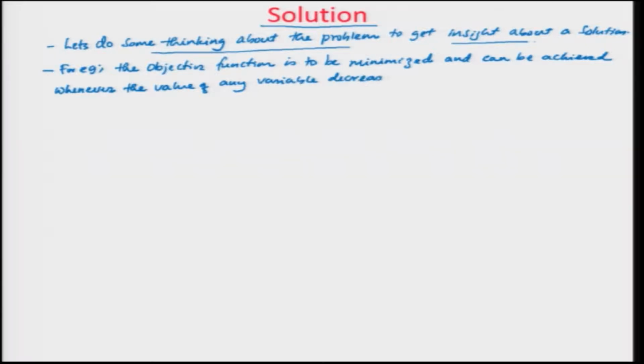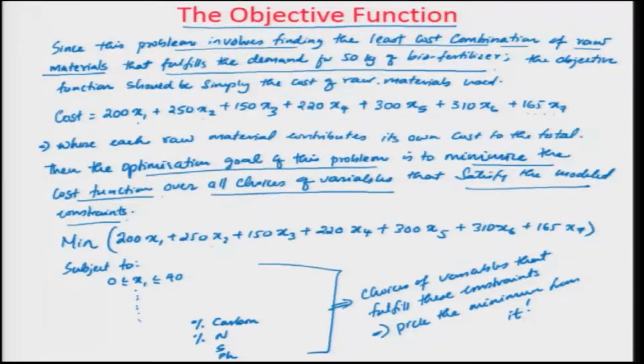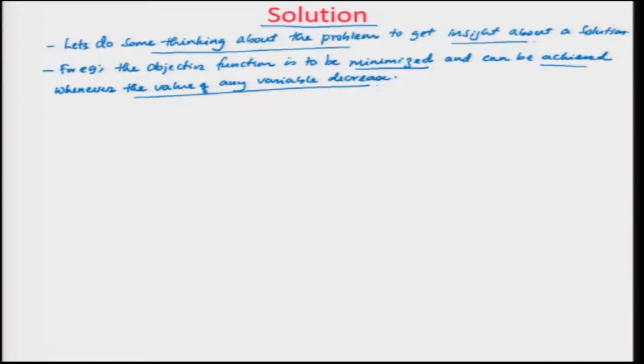So one way to get to the minimal value, to minimize this objective function, is if we can minimize the value of the variable. What we are saying here is, when the values of these variables, x1, x2, x3, x4, etc., can be reduced, then you can also achieve the minimization of the objective function.